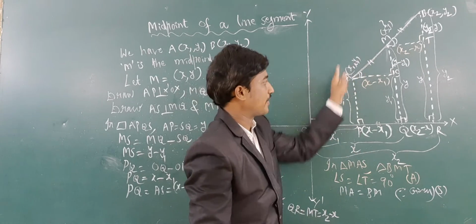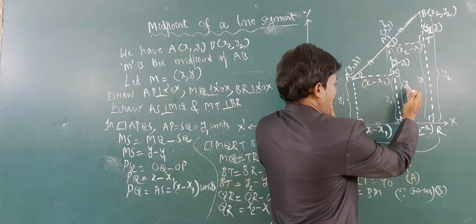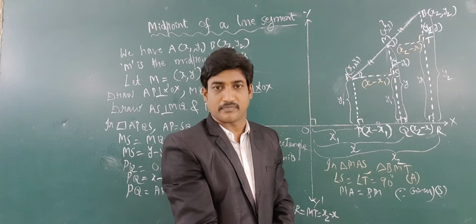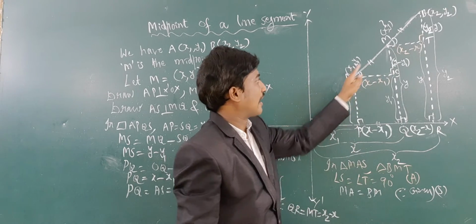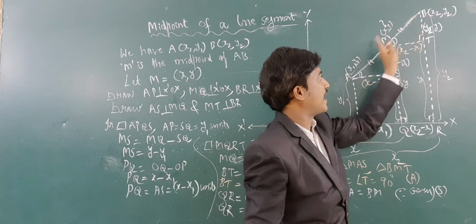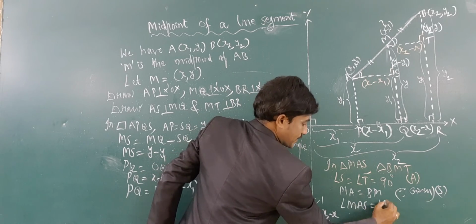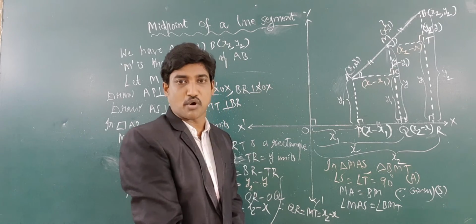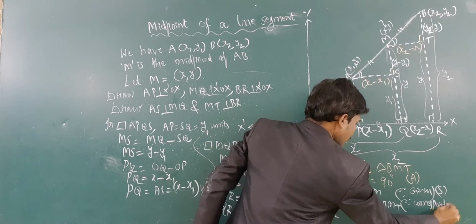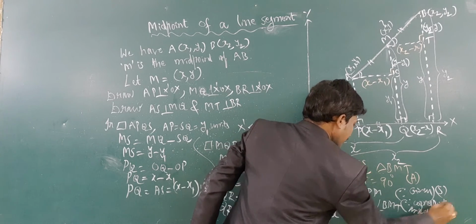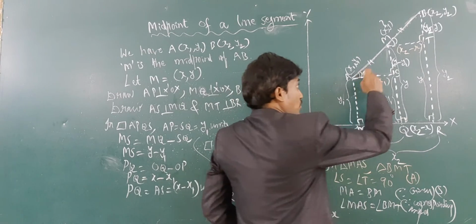So angle MAS is equal to angle BMT. These are corresponding angles, and corresponding angles are equal in the case of parallel lines. So one more angle is equal.